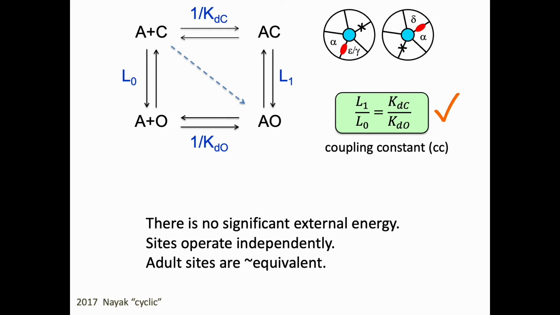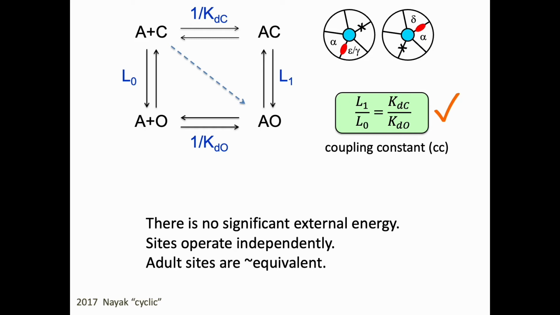In a thermodynamic cycle without any external energy input, getting across the diagonal is the same regardless of the pathway. This is called Hess's law. It was an empirical observation by Germain Henri Hess way back in 1840.